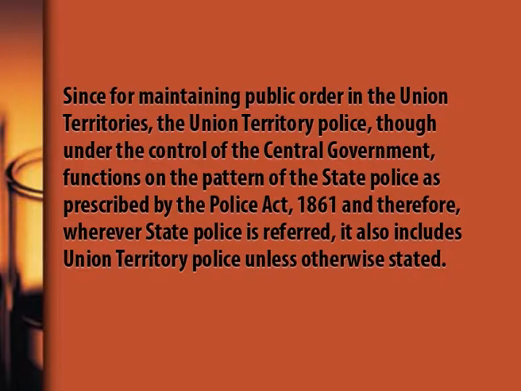For maintaining police order in the Union Territories, the Union Territory Police, though under the control of the central government, functions on the pattern of the state police as prescribed by the Police Act of 1861, and therefore, wherever state police is referred, it also includes Union Territory Police unless otherwise stated.